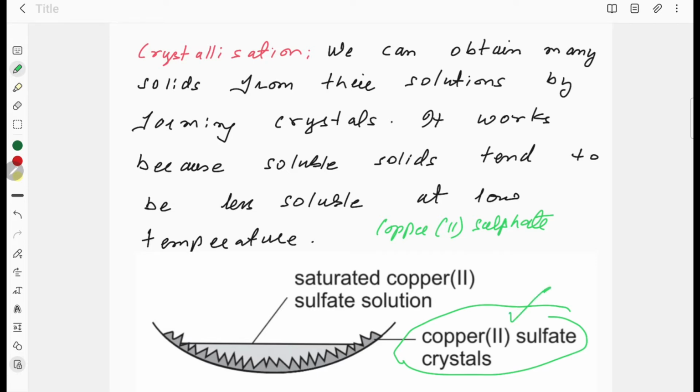So in crystallization, we simply heat a solution to saturation point, and then on cooling we get crystals. For example, we can get blue crystals of copper(II) sulfate by this method.